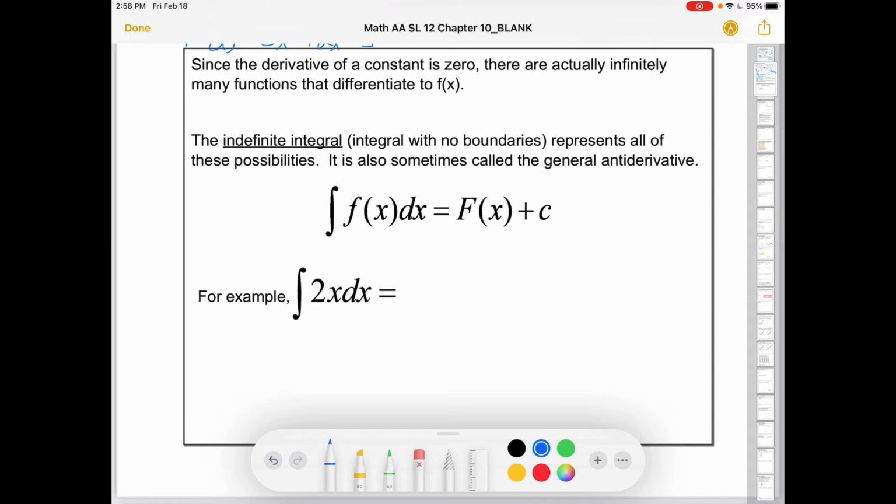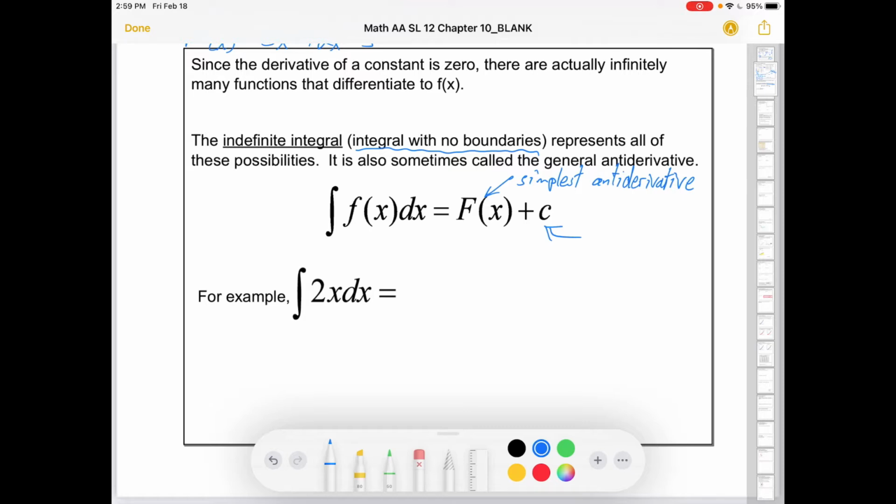The indefinite integral, or integral with no boundaries, represents all of these possibilities. It's sometimes called the general antiderivative, but typically what it means is the simplest antiderivative plus something we're just going to call c. And c is the constant that we probably don't know the value of, that could be tacked on to this simplest antiderivative.